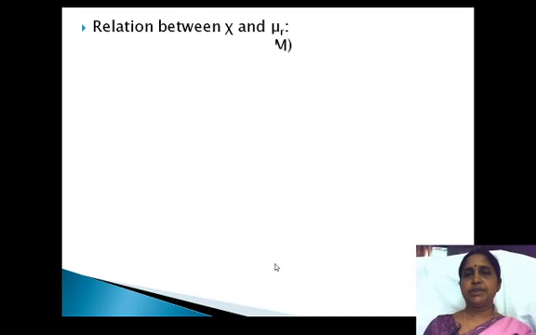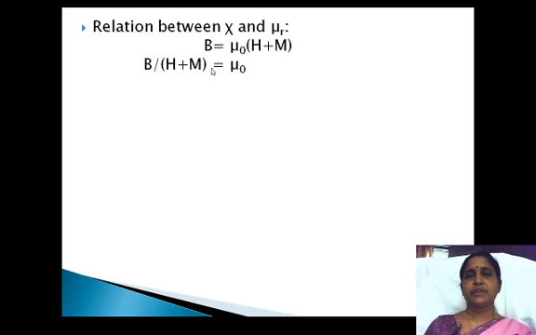Relation between susceptibility and permeability. Another relation: in the previous equation we obtained B is equal to mu naught H plus M, and mu naught is equal to B by H plus M, and relative permeability mu r is equal to mu by mu naught.